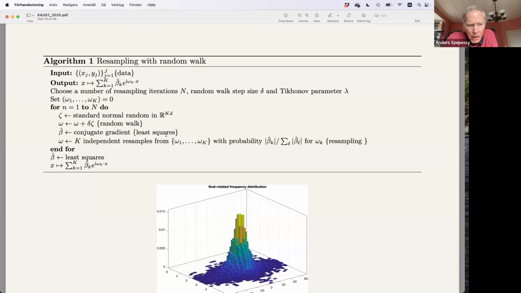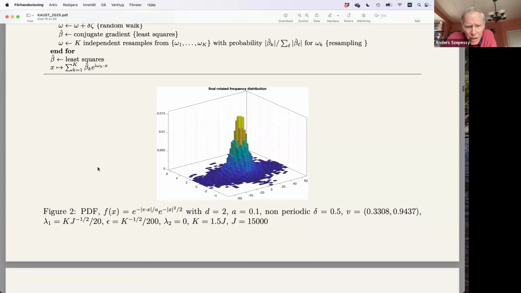Then given the amplitudes, we can resample in the way I mentioned, so that we resample the frequencies from this density. It could be with cutoff and without cutoff. Numerically, we have tested both. Theoretically, we need a cutoff, but in practice, I will show you we don't need a cutoff. So one resamples the frequencies based on this probability density, and then one iterates this capital N number of times and ends up with a neural network in the end.